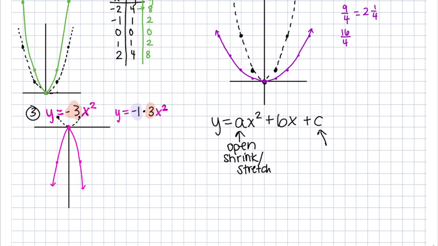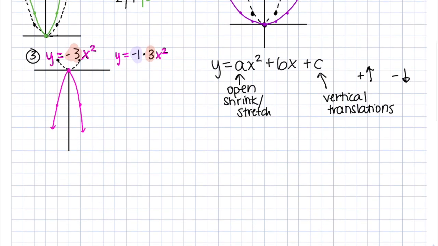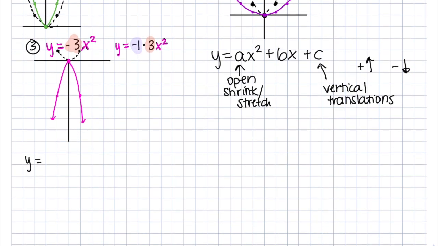This tells us our vertical translations. Okay, so if it's positive, it's going up. And if it's negative, then it's going down. So let's go ahead and try graphing a few things. So we have y equals, let's just start with the parent function and say plus 2.